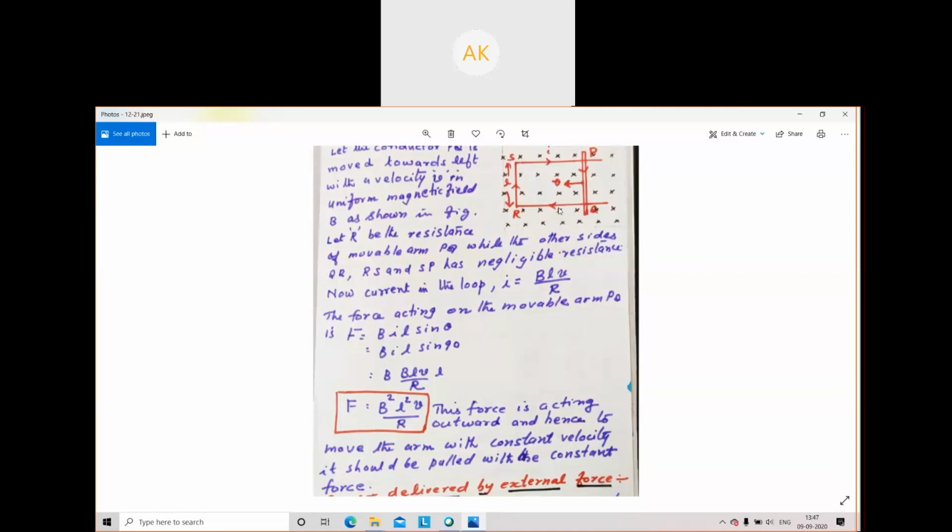The conductor is moved towards left, and the field is perpendicular to the plane. All of you take your left hand and find out the direction of force acting on it. The direction of force is given by Fleming's left hand rule. If current is flowing downwards and the conductor is moved towards left, you can hold your fingers in that manner.